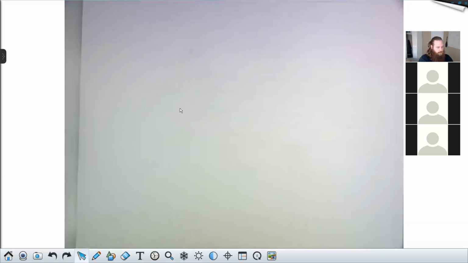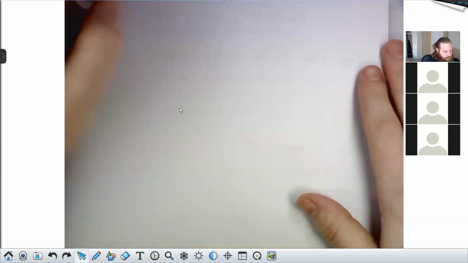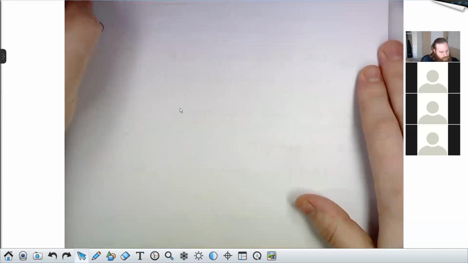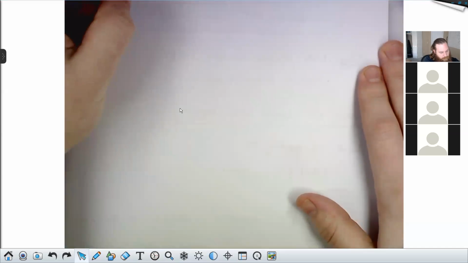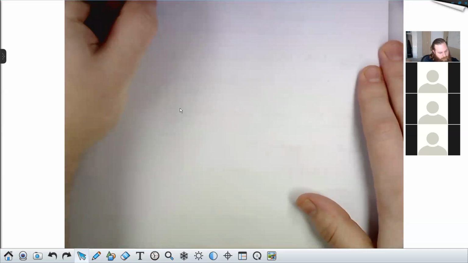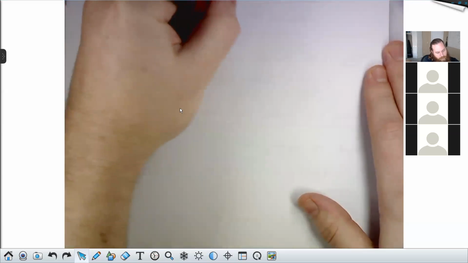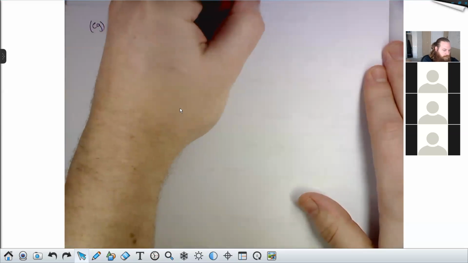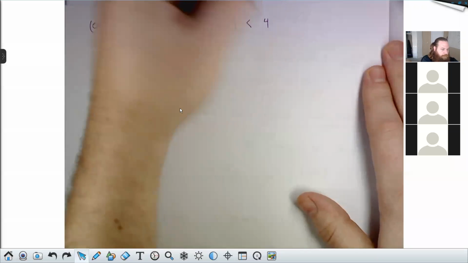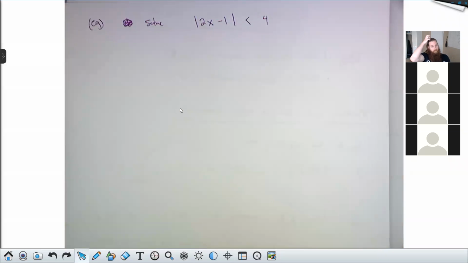So some examples. What if I want to solve the inequality absolute value of 2x minus 1 is less than 4? My first step is going to be to unpack this absolute value inequality.